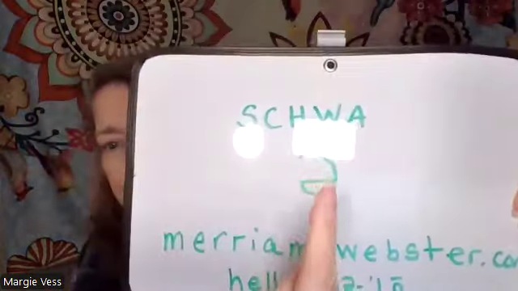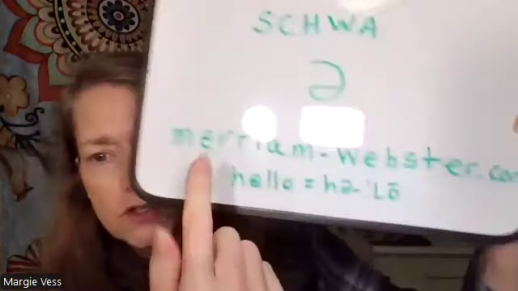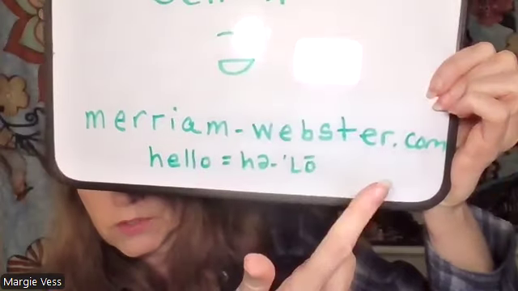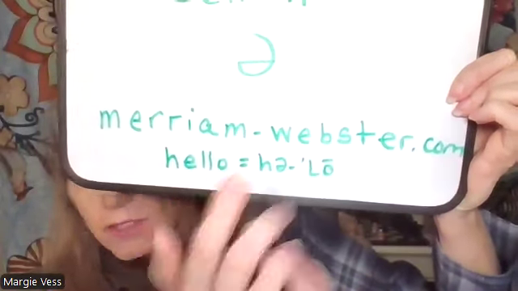There are so many variables. Maybe a word has the same sound as another word but is spelled differently, or you have to use it in context. So I go here and I wanted to show you. This is the schwa. When you see this upside down E, that's what we call a schwa. You can go to merriam-webster.com and look up any word.